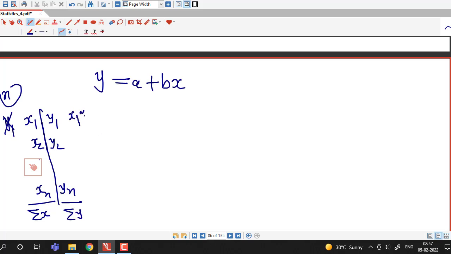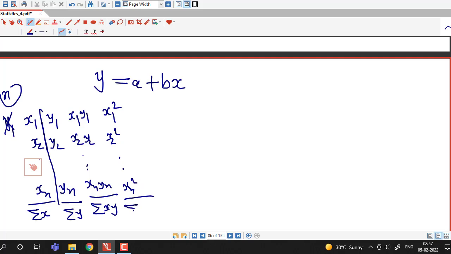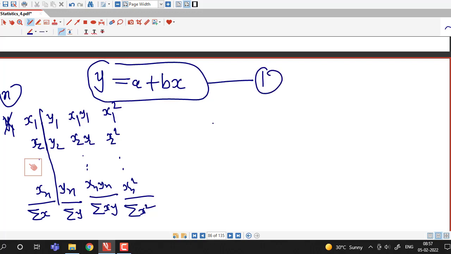Similarly, we can multiply these values x1 y1, x2 y2 up to xn yn, and this summation we will denote by sigma xy. And we can find the squares of x values, x1 square, x2 square, xn square, and this we will denote by sigma x square. Now we are not discussing the method of least squares, but I am explaining how to write down the normal equations for these constants a and b using this line of regression of y on x.